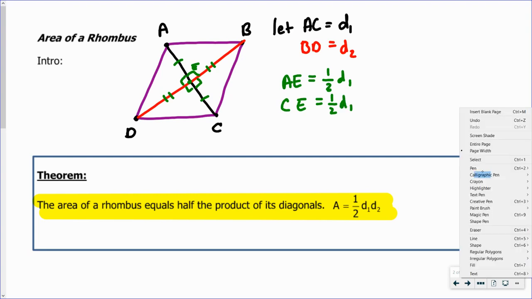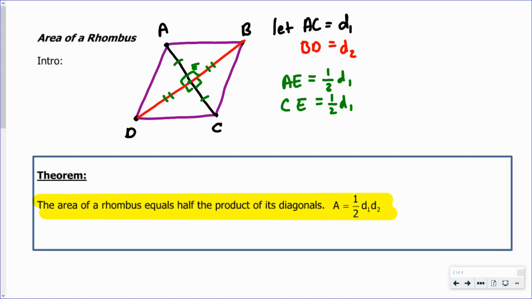Now, the other thing that we know is that these two triangles, triangle ABD, is going to be congruent to triangle BCD, which also means that they have the exact same area.